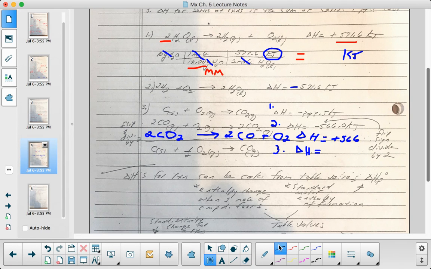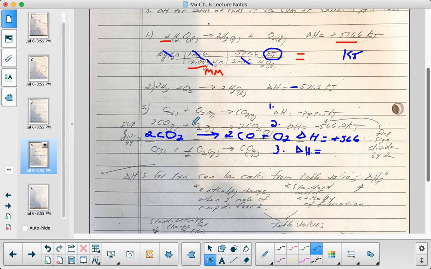Okay, so now what I do is I want to see what I need down here. So what I can see is that I need to get rid of the CO2s, because the CO2s don't exist in this final reaction.